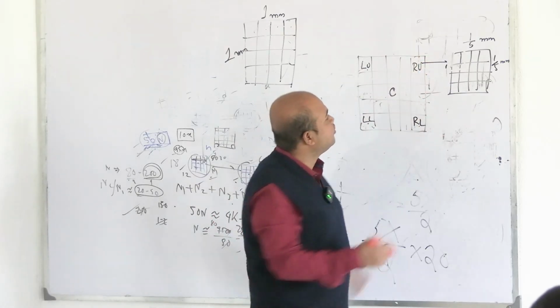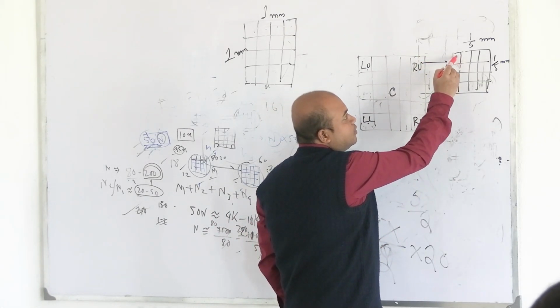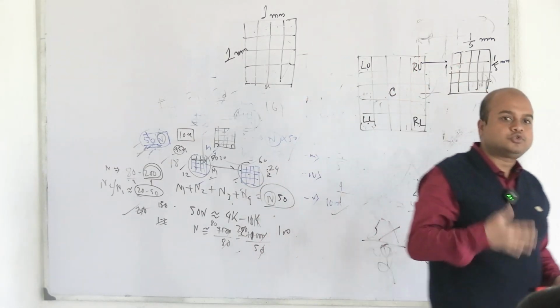So why this rule of L? This rule of L says that when you consider this number 1 square, that is the left uppermost of the left upper, right? So number 1 square, say 1, 2, 3, 4 up to 16, or square A, B, C, D up to 16 letters.